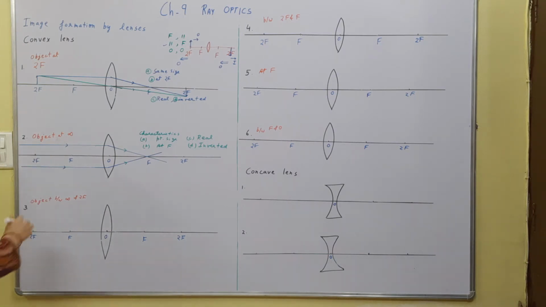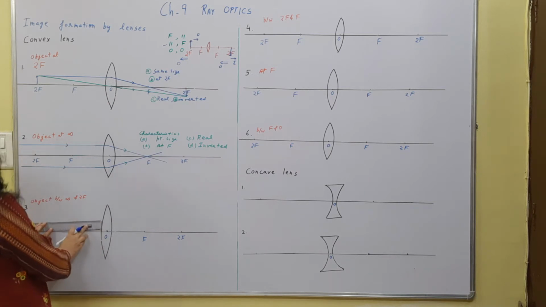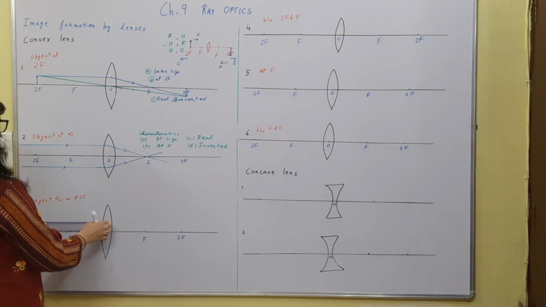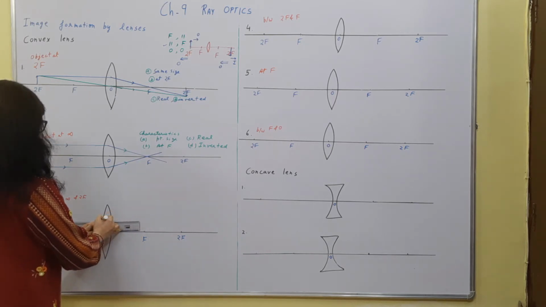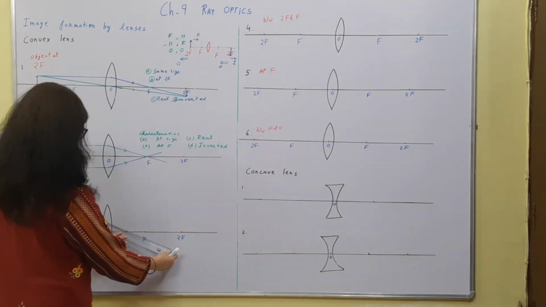Now we can take the third case. In third case, the object is somewhere between infinity and 2f. So you can take any two rays. The first ray I am taking is the one which is parallel to the principal axis. So this ray will pass through focus after refraction.